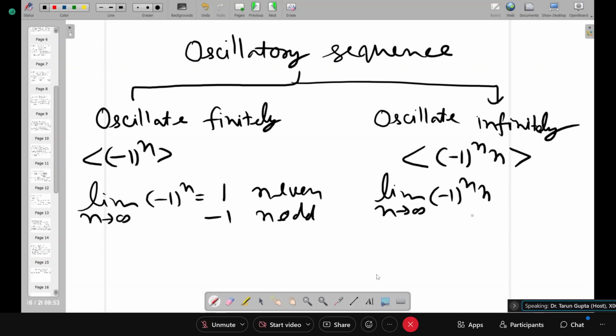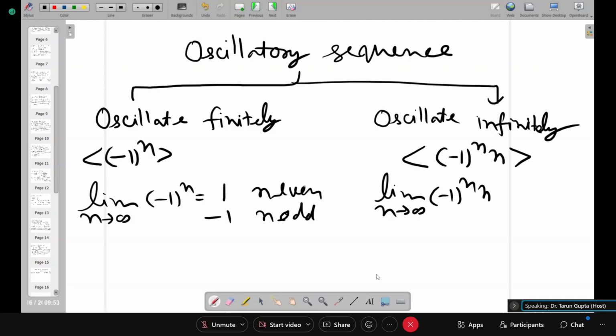Well, -1 to the power n, when n is even, this is 1, and when odd, this is -1. Infinity cannot be even or odd, but I am not writing 1 to the power infinity. Okay, here it is -1 to the power n.